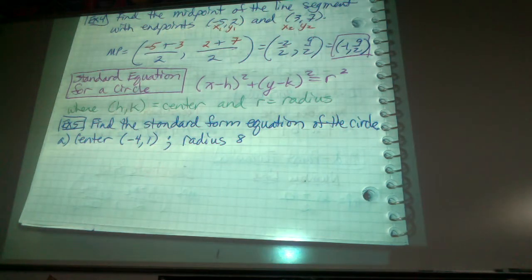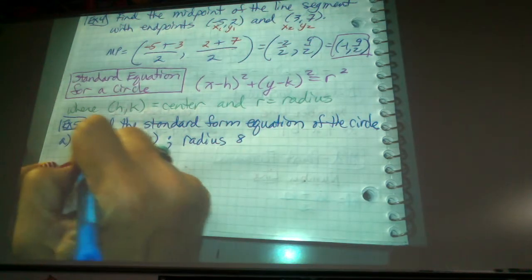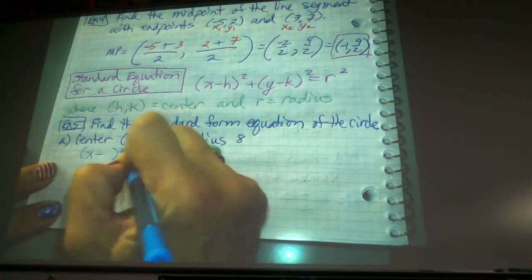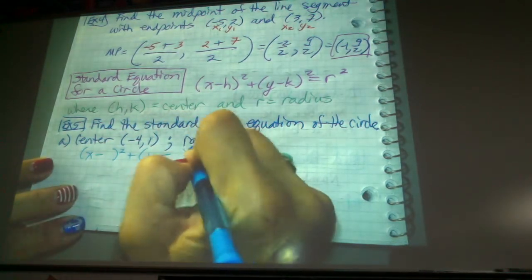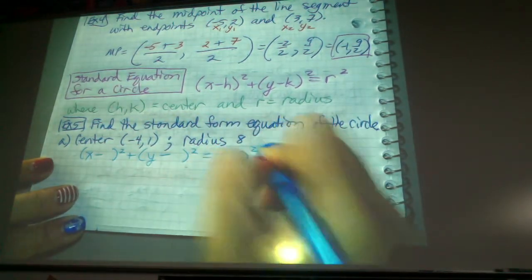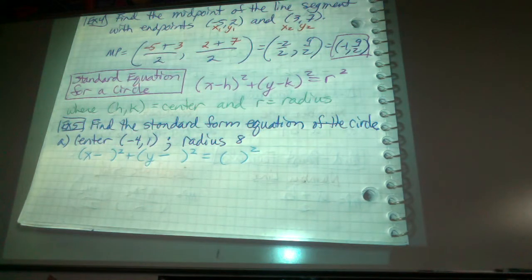So take the template. Use your template. So I have (x - something)² + (y - something)² = something². I took out the h, the k, and the r because the y and the x should stay here.